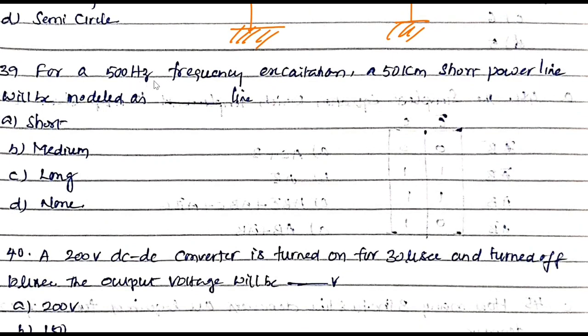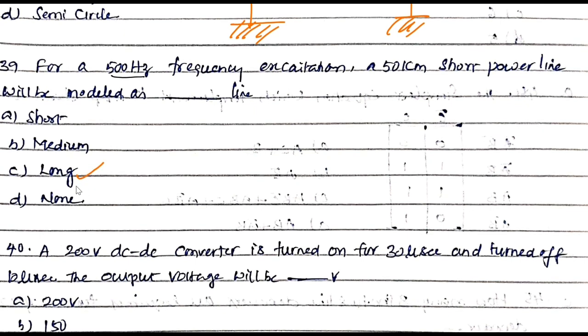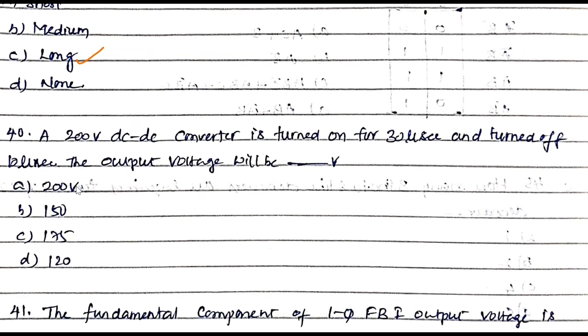For a 500 Hz frequency excitation, a 50 km short power line will be modeled as... So as the frequency is high, okay, the line is modeled as a long transmission line. Answer is C, long transmission line. Next one. So this question is from power electronics.